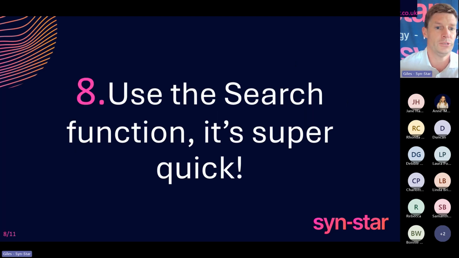Next part is using the search function. You've got the search function at the top of Teams, and the nice thing is that it will search within Teams, as opposed to using Microsoft Windows 10 or 11, where you use the search function there and it searches the web and your main machine and everywhere else. The great thing with Teams is it does centralize it within Teams.